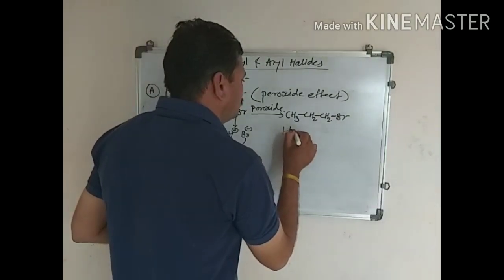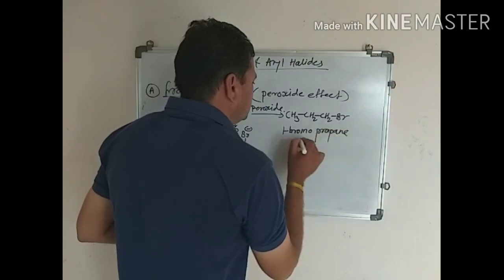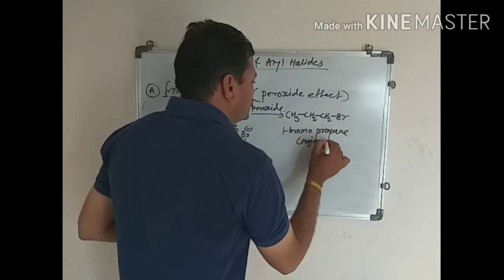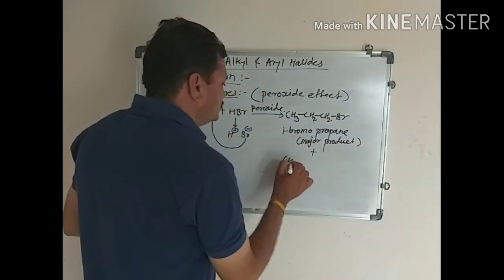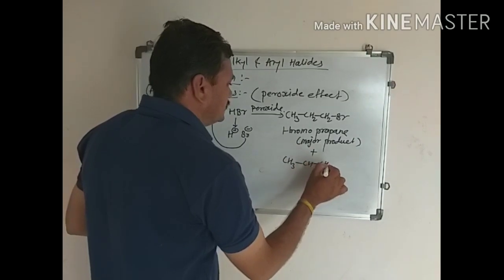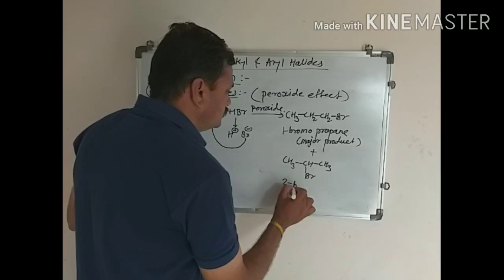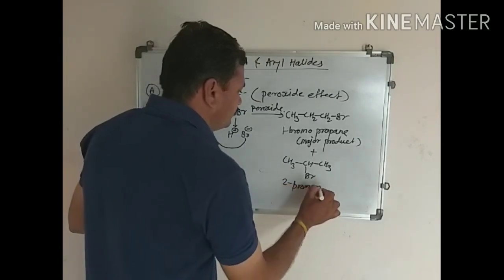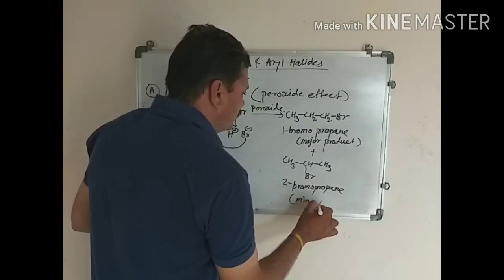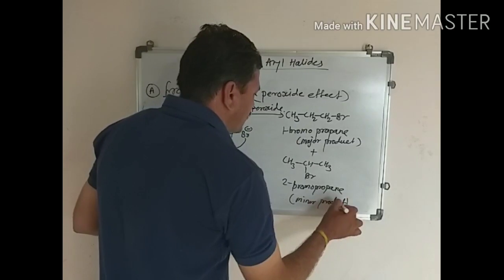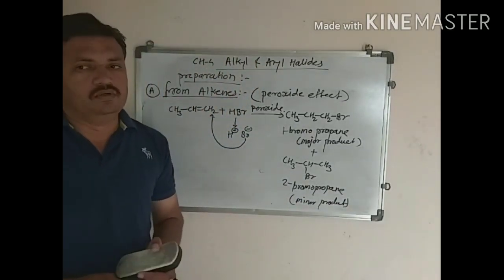It is 1-bromopropane, the major product, and another product we will get is CH3 CH CH3 Br, 2-bromopropane, and it is the minor product according to the peroxide effect or anti-Markovnikov's rule.